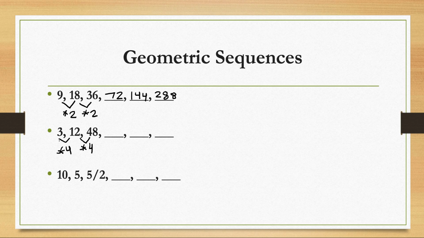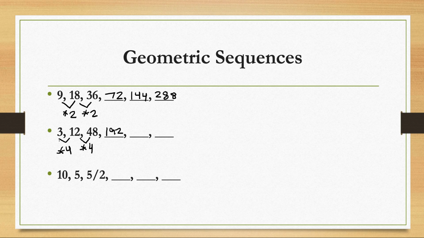And so now we can see that we're going to multiply by 4 in between all of our terms. Okay, so our next one is going to be 48 times 4. So that is going to be 192. Right, and then the next one is going to be 192 times 4.